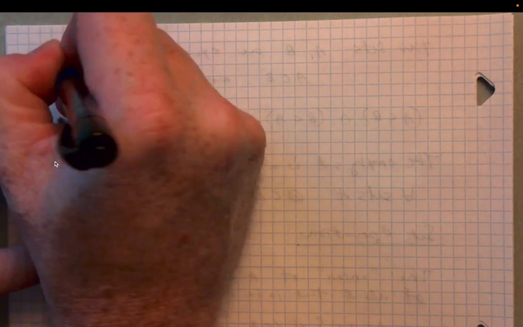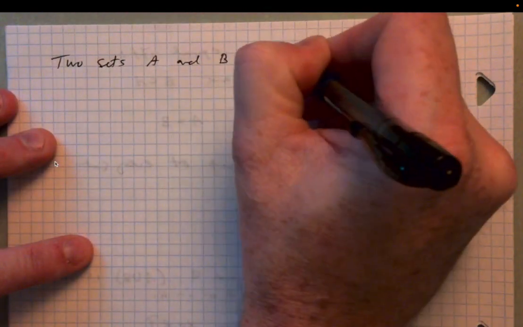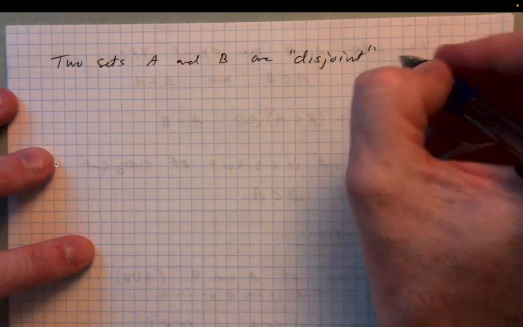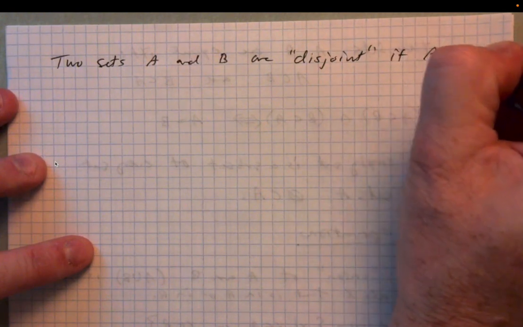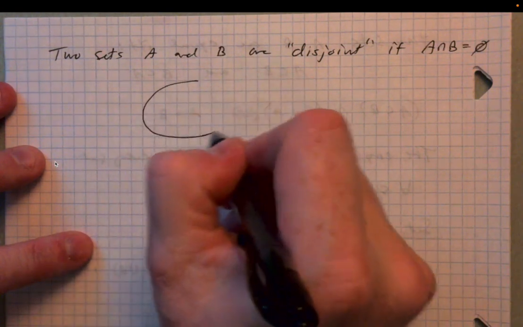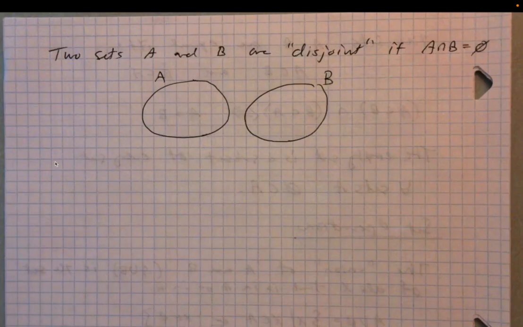Okay. Before we move on, let's mention this. Two sets, A and B, are disjoint if the intersection is equal to the empty set, right? So this would be the scenario where I've got A and I've got B, and there is no overlap.